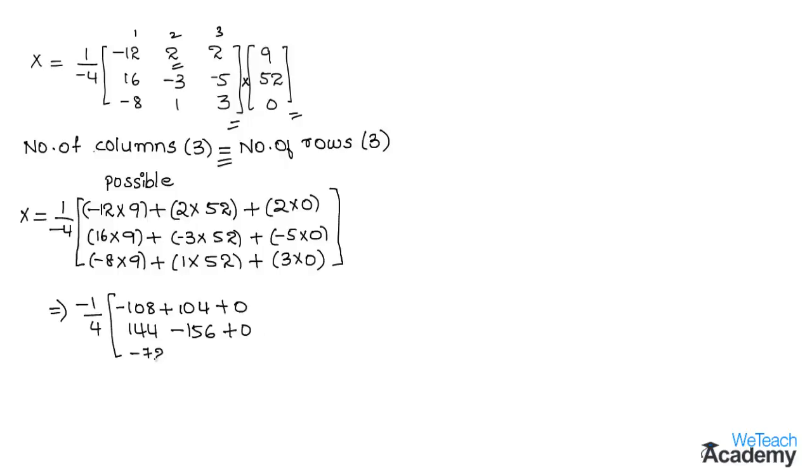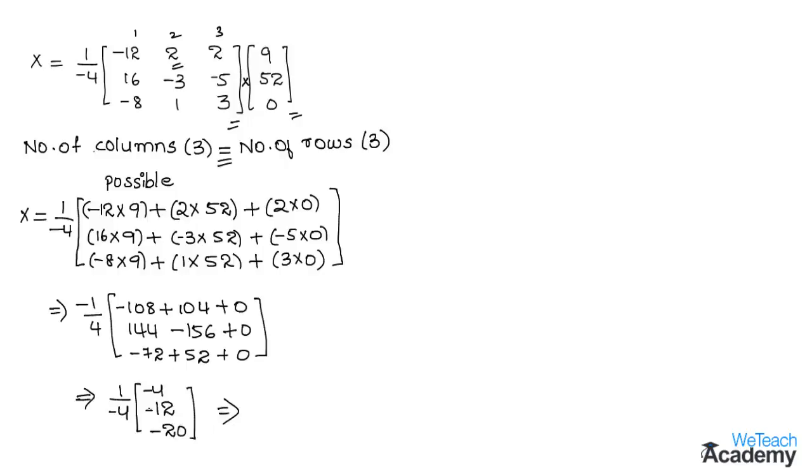Then in the next row we get -72 plus 52 plus 0. So that implies we get here 1 by -4 into -108 plus 104 is -4, and then by subtracting we get -12 and at last we get -20.